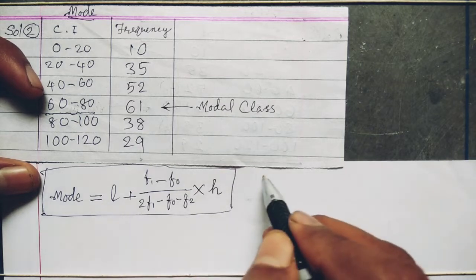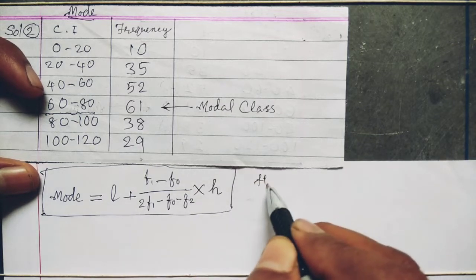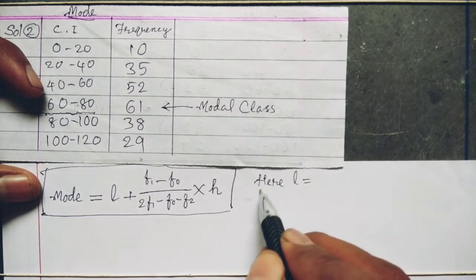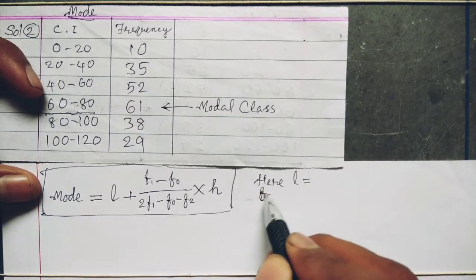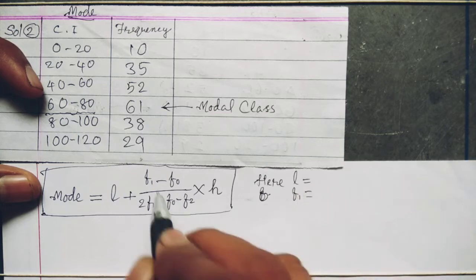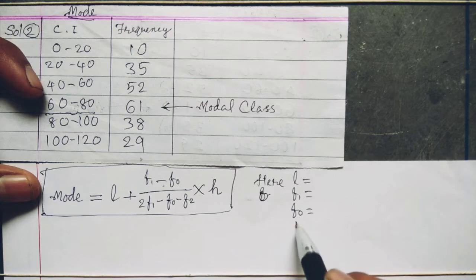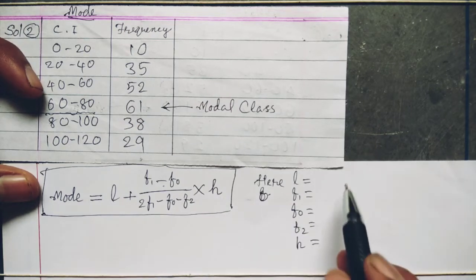In this, L is the lower boundary. We have to find all these terms: f1, f0, f2, h.